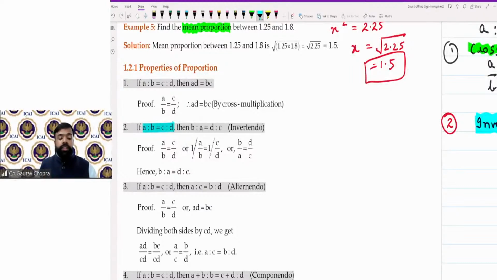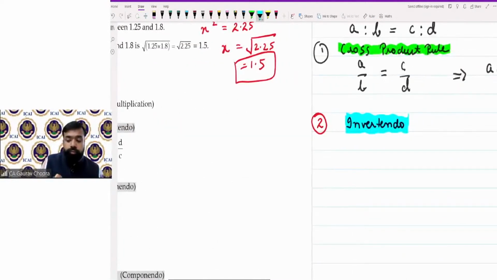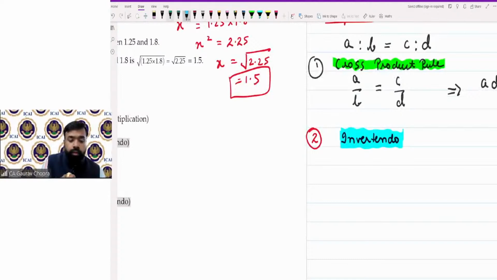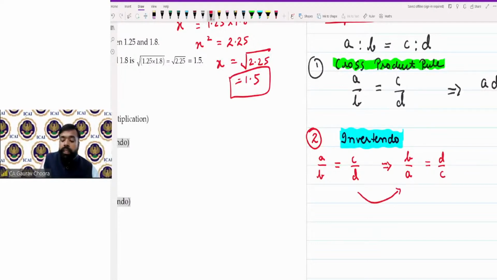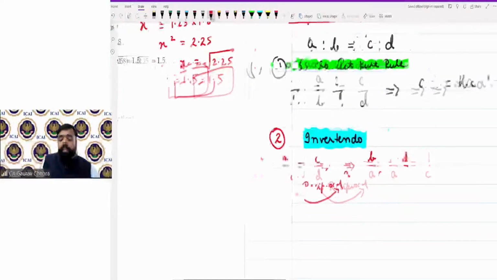Let's say A by B is equal to C by D. So we have to change the positions. The reciprocals B by A and D by C. What we have done? We have simply done the reciprocal.